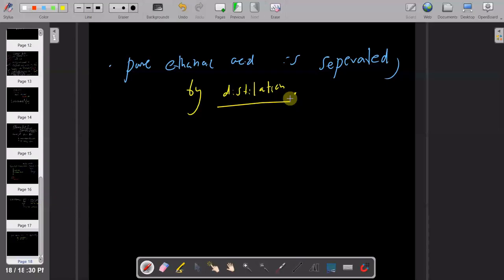Now remember, in the production of ethanoic acid, when ethanoic acid is produced, a reflux method must be used, right? After ethanoic acid is made, through distillation you can separate it.